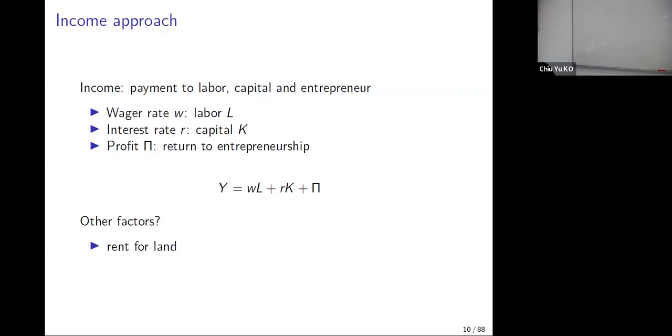So we can ask ourselves, looking at the Chinese economy, are the workers earning more wages? Are more people getting higher wages or fewer? Okay, that's the first question. Capital, okay? Is the interest rate in China going up or down? Is more capital going in or more going out? Okay, the profit.